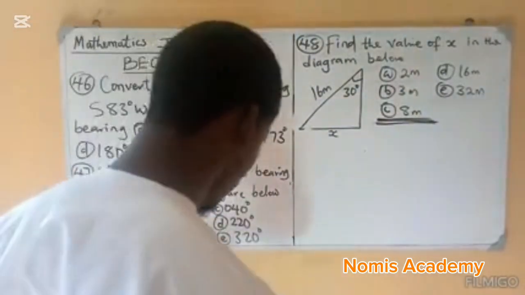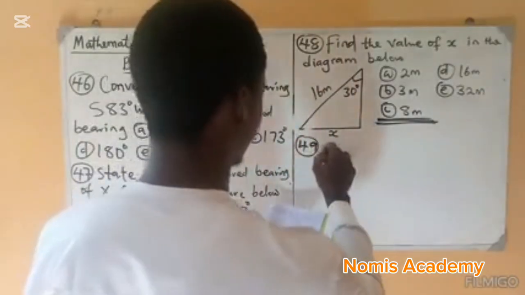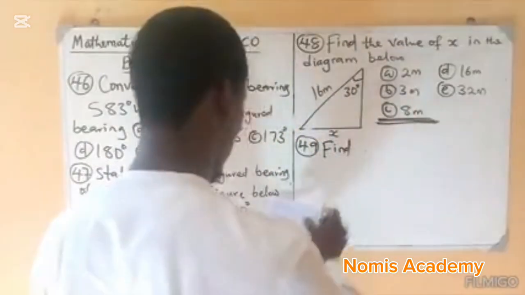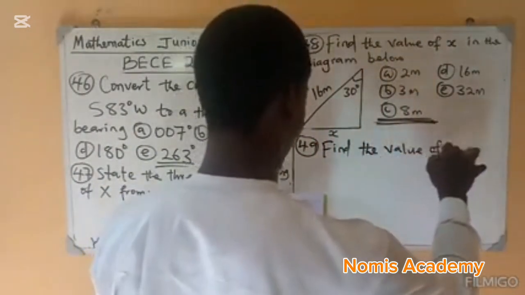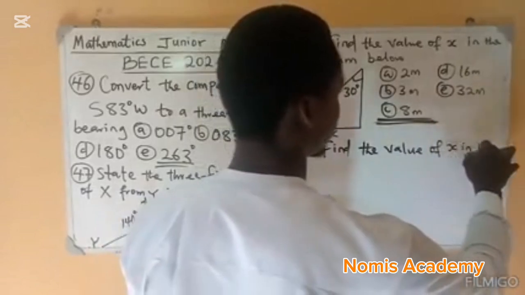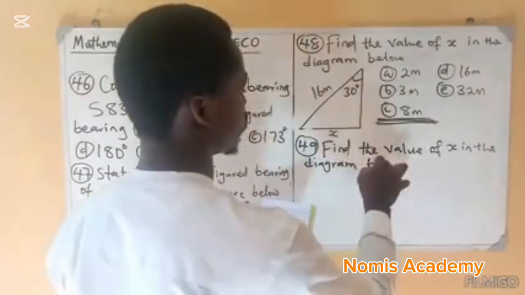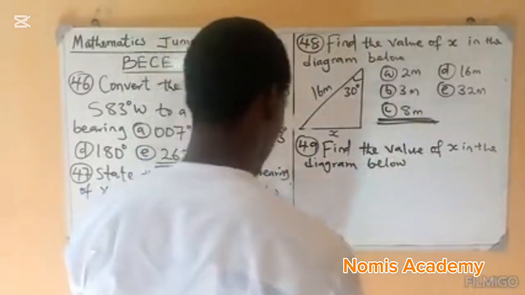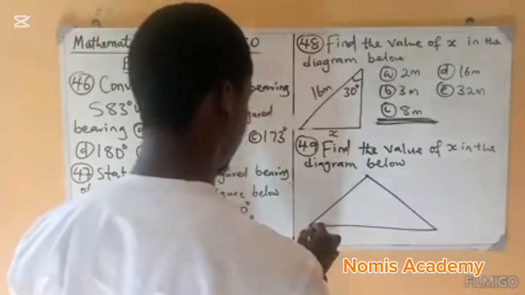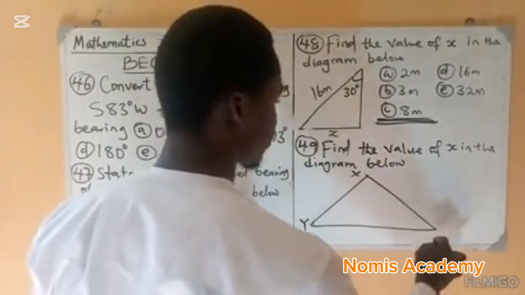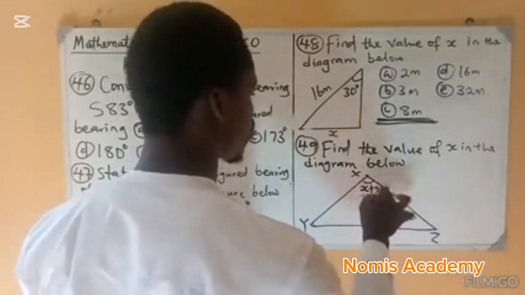Question number 49, which says find the value of x in the diagram below. So we have a diagram x, y, z. Angle x is x plus 2.